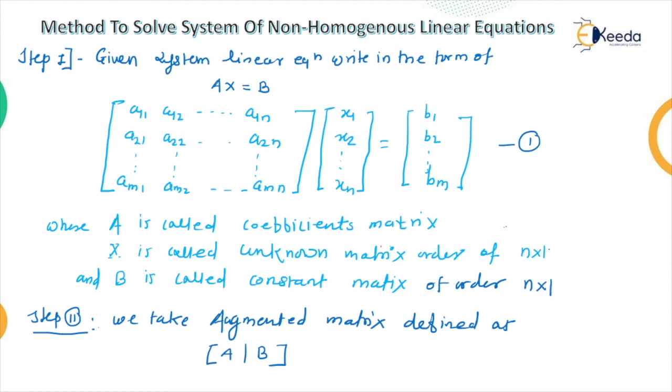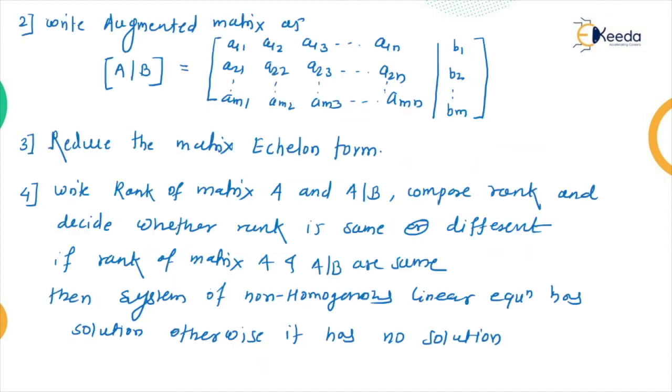In step two, we take the augmented matrix, the combination of A and B, given as A11, A12, A13 up to A1n, with m equations, so the last row has Am1, Am2, Am3 up to Amn, combined with matrix B as B1, B2, B3 up to Bm.